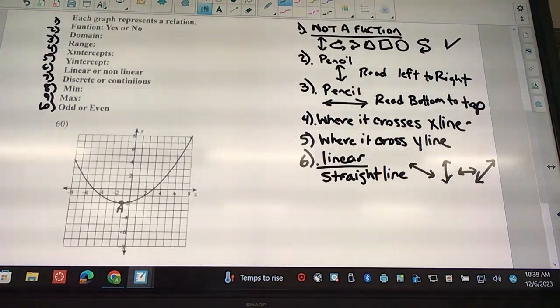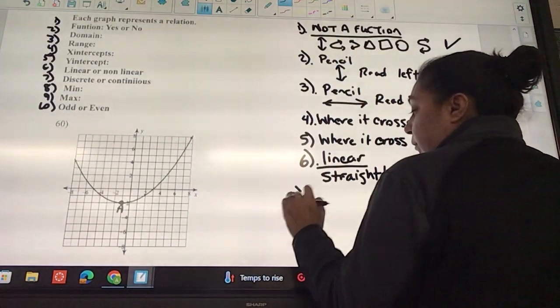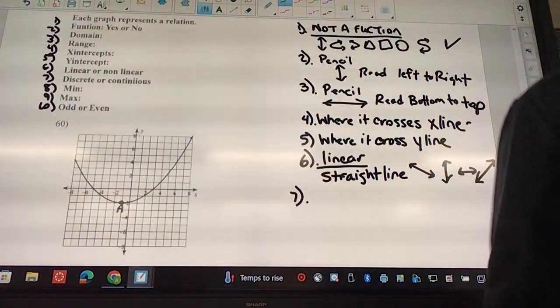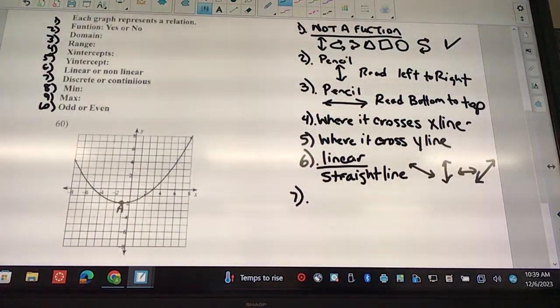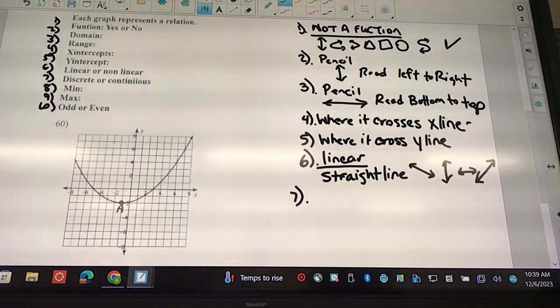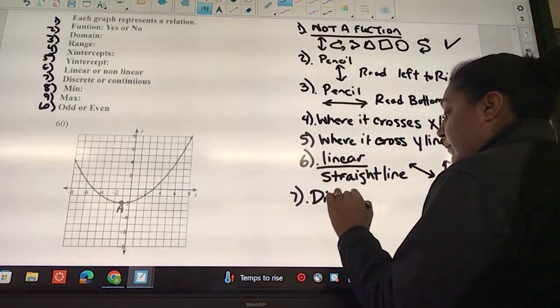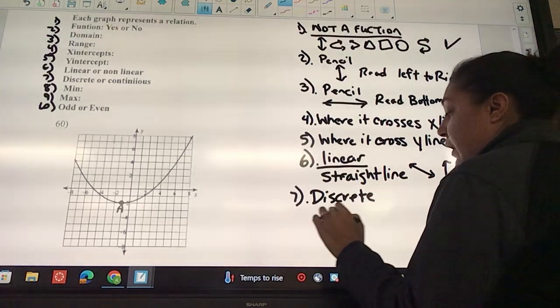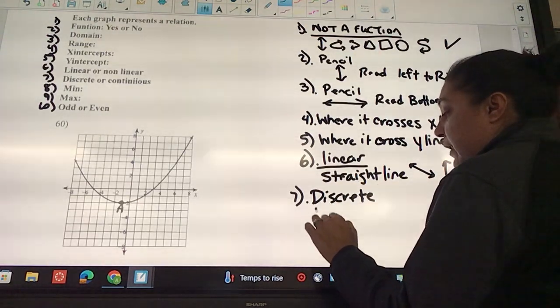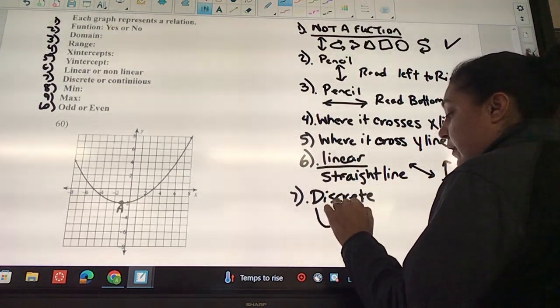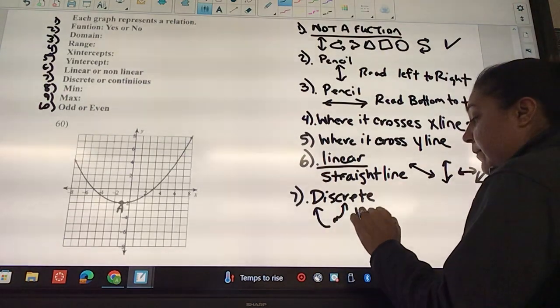Number 7 says discrete or continuous. How can we tell? If there are any breaks. Breaks in the graph are going to be discrete. So if we're looking at a graph, if it's like this, it's discrete.